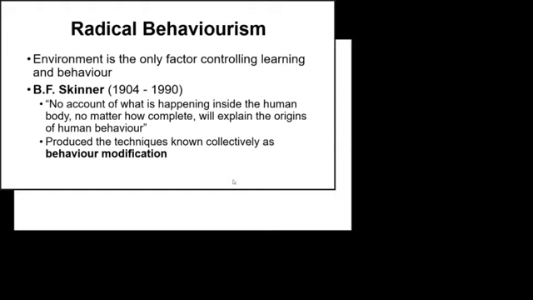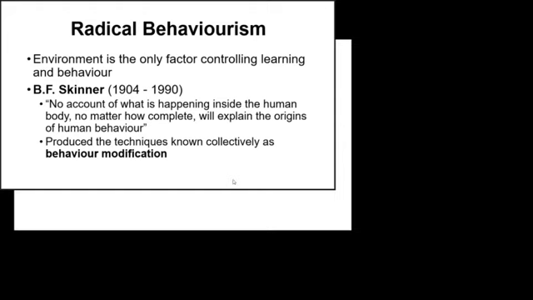So Skinner, throughout the 1900s, was quite prolific in terms of publications. We will talk a lot about Skinner as we get into the chapter on learning, and that's because Skinner was a strong proponent of what we now call behavior modification techniques. So when we talk about operant conditioning, we're going to talk a lot about Skinner.